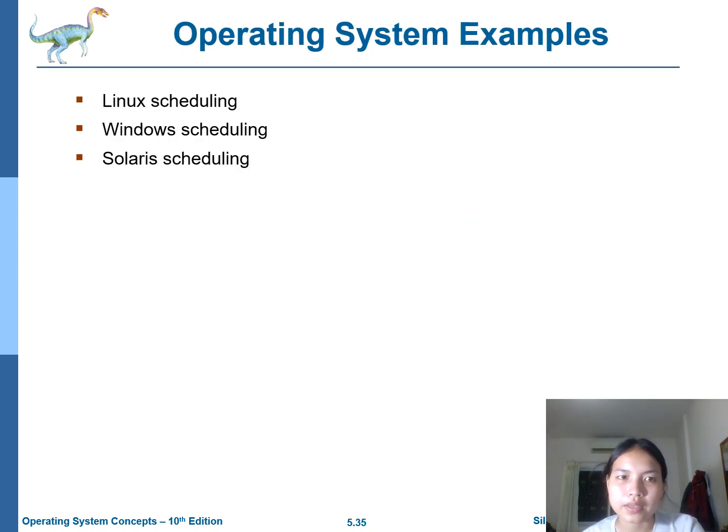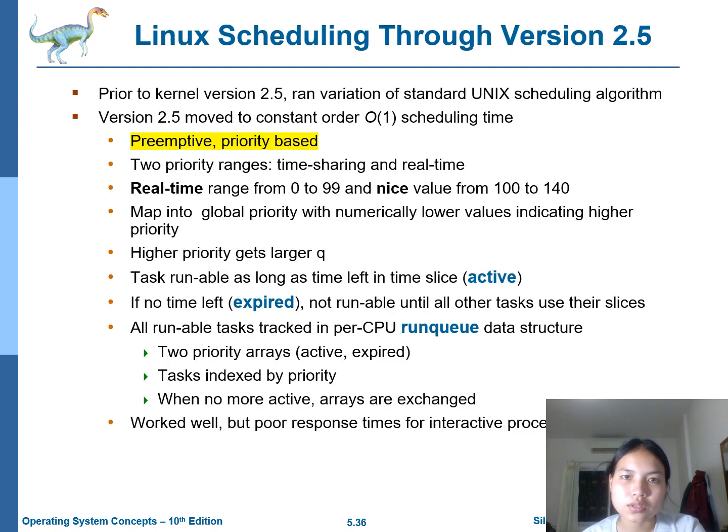Operating system examples: Linux sharing, Windows sharing, Solaris sharing. Linux sharing prior to kernel version 2.5 ran a variation of the standard UNIX scheduling algorithm.